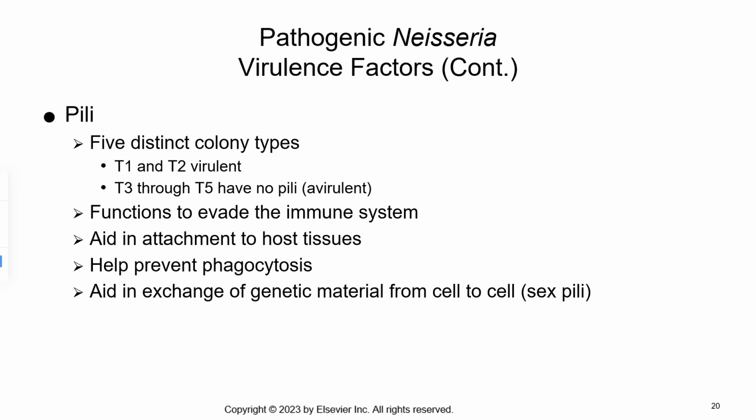Then they can copy certain portions of DNA and transfer that DNA from one cell to the next. This may be beneficial in transferring antibiotic resistance genes. So if one organism has the antibiotic resistance gene, they can make copies of it and hand it out to all of their friends because there's safety in numbers. If they want to survive as an organism, they have to be able to combat antibiotics.